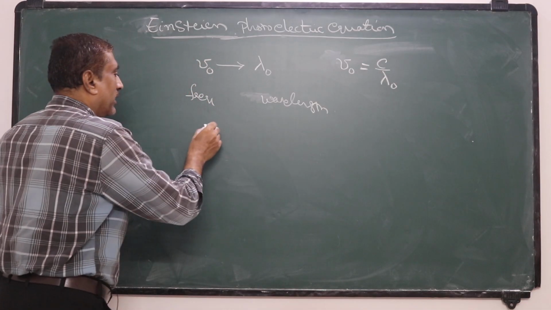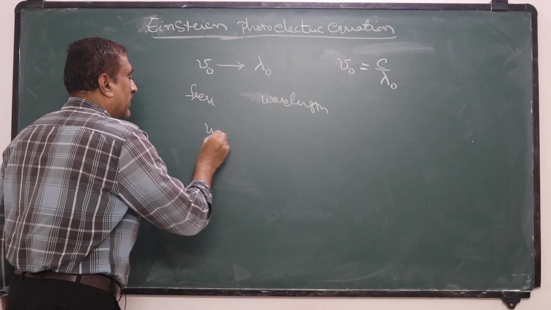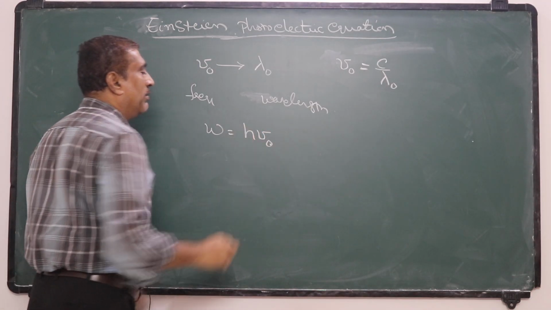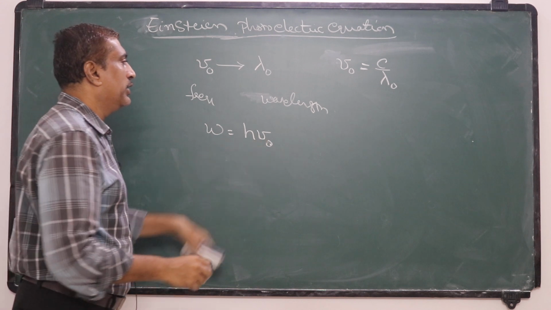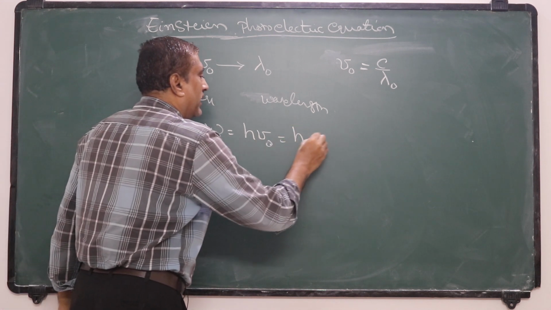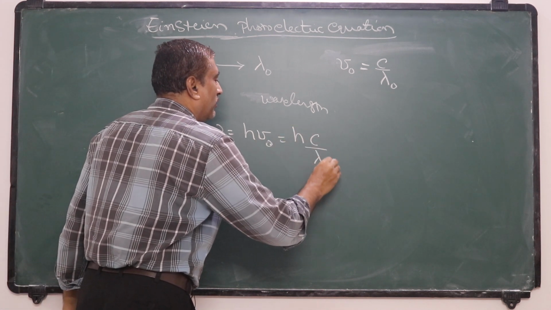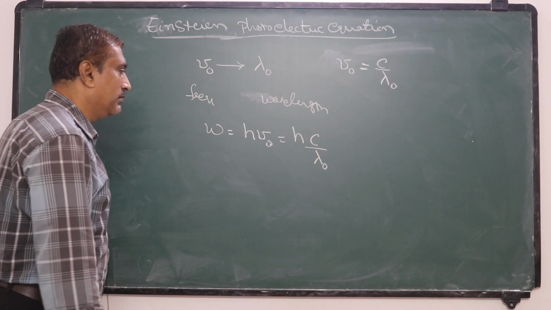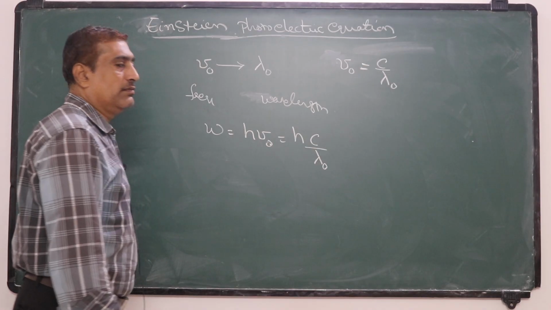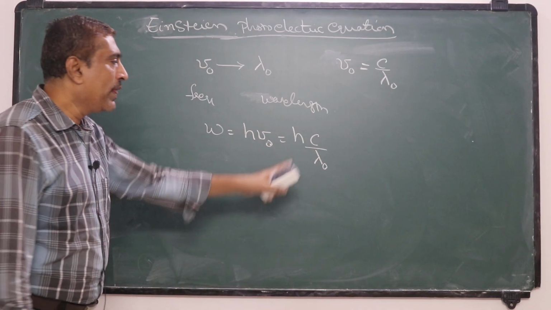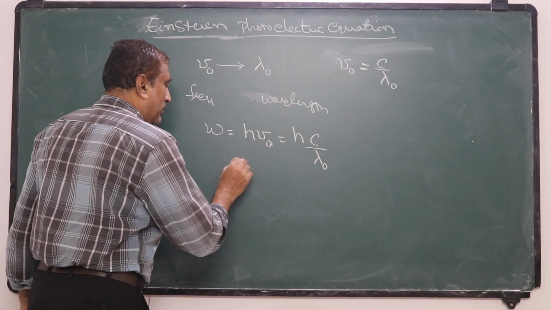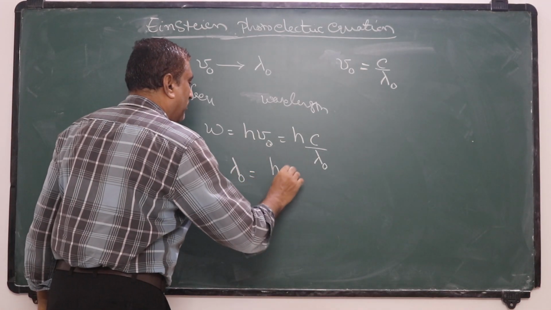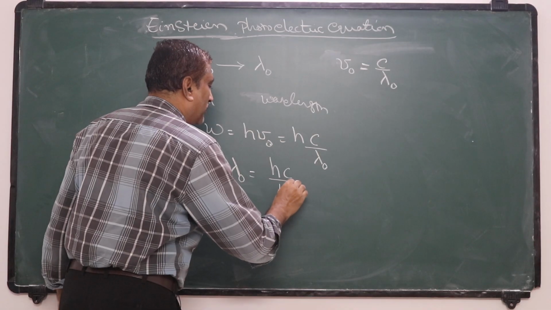So the work function W is equal to hν0, the minimum amount of energy required. That can be written as hc by λ0. So λ0 is equal to hc by W.